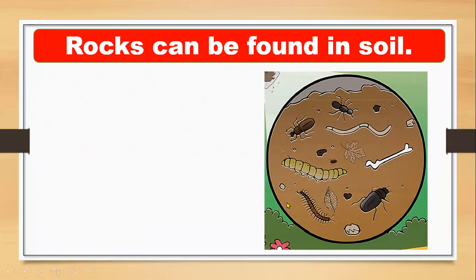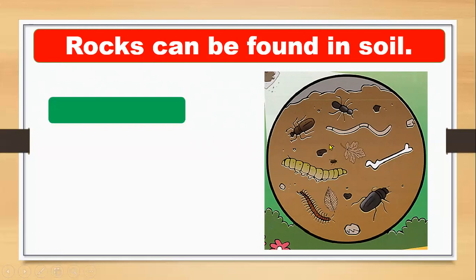And there are some dead things, look at the leaf and look at the rocks. These are dead leaves, and the living things, look at the insects and look at the bone. These are the dead things. So our soil consists of living things, dead things, water, and sand.